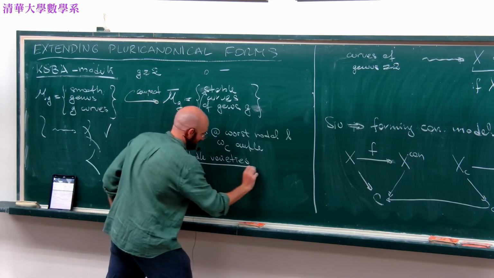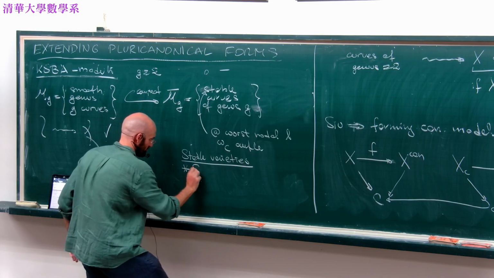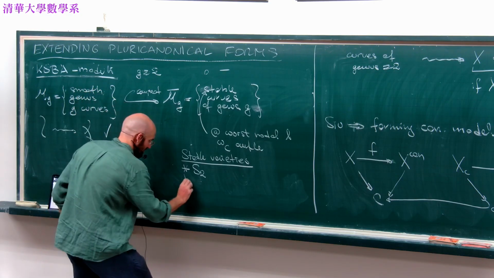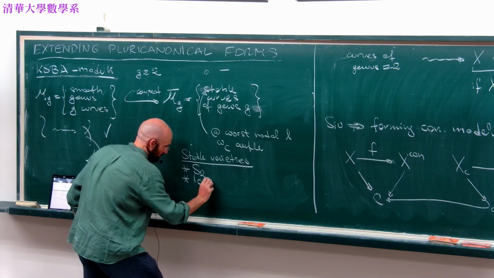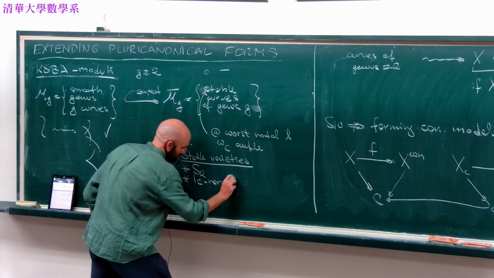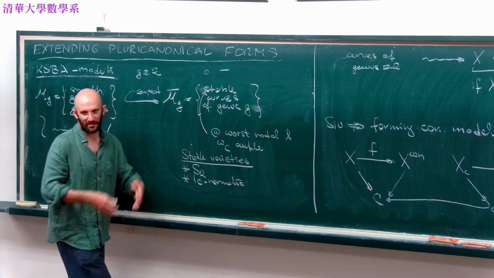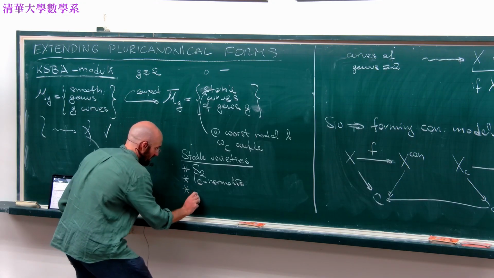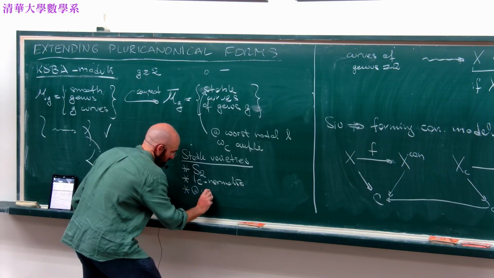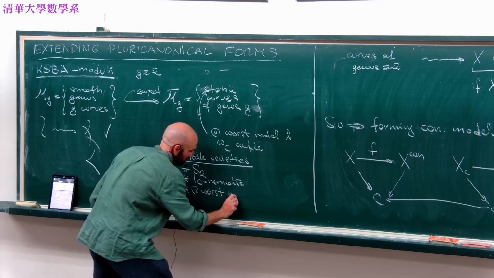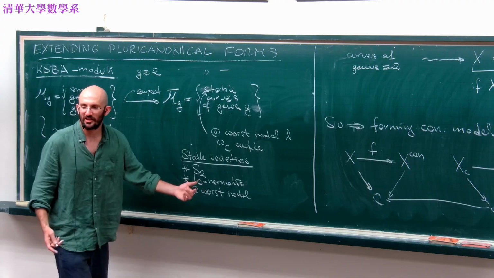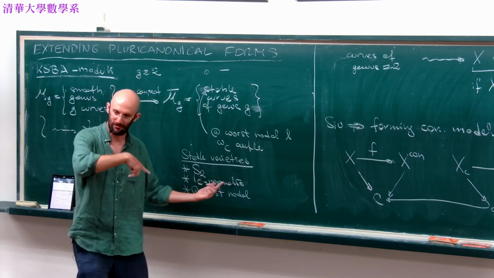Which, okay, there are a bunch of conditions, but the one that you want to remember is these are S2 schemes. They have log canonical normalization. Log canonical is some condition on singularities from the minimal model program. And they are at worst nodal. Yeah, exactly. Semi-log canonical is the non-normal version of log canonical.